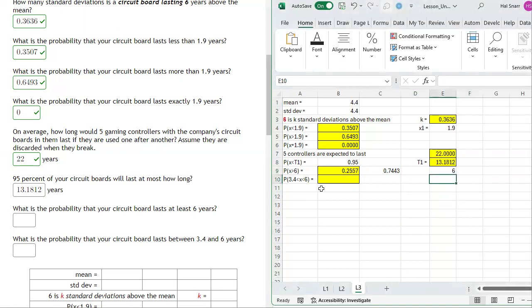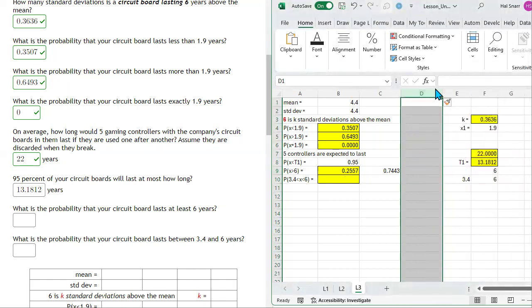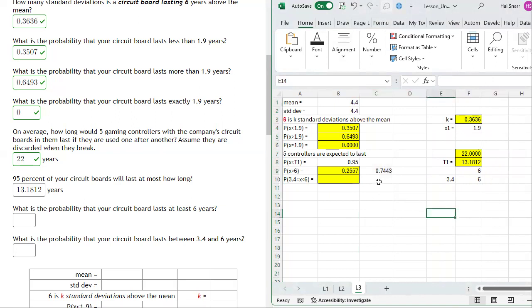Okay, now I have two values of x, right? I got 6 and 3.4. Okay, so I need two probabilities here. So what I'm going to do is insert a column, right? Okay, so what I want to do here is calculate the probability of less than that and the probability of less than that, and then I'm going to take their difference, right?